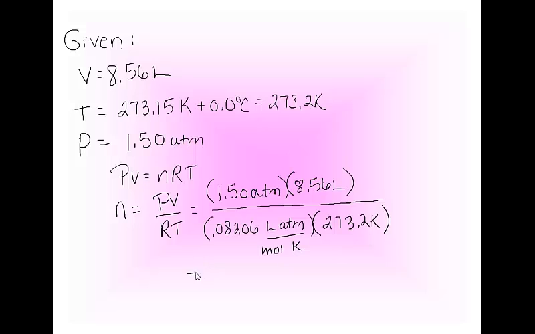Plug it into your calculator and you get N, which is number of moles, of 0.573 moles, 3 sig figs, of hydrogen gas, and multiply that by its molar mass, and I get 1.16 grams of hydrogen gas. Done.